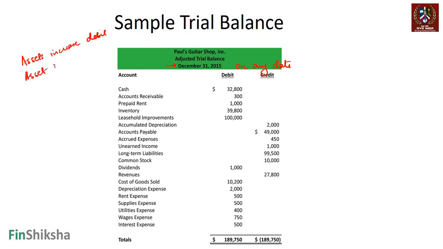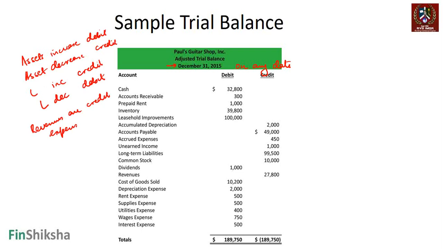Asset decrease is credit. Liability increase is credit. Liability decrease is debit. Revenues are credit. Expenses are debit. Remember, we did all this.